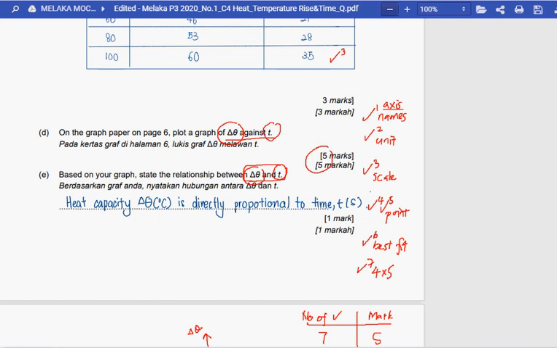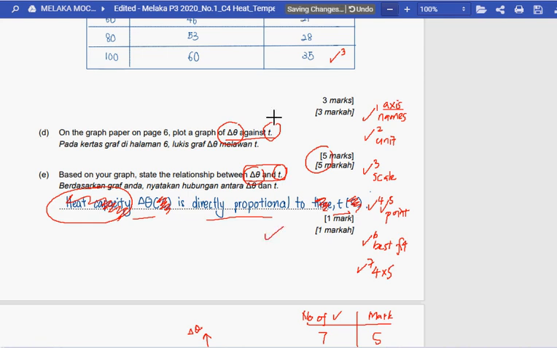So you don't have to write time. Delta theta also needs no unit here. So delta theta is directly proportional to t. That is enough. So cikgu still closes my eyes for this. Don't write like that. So this is 1 mark.